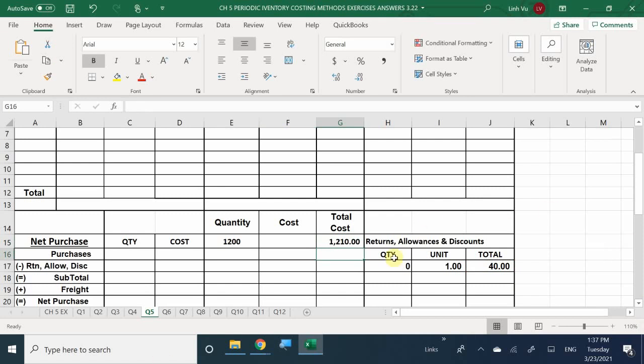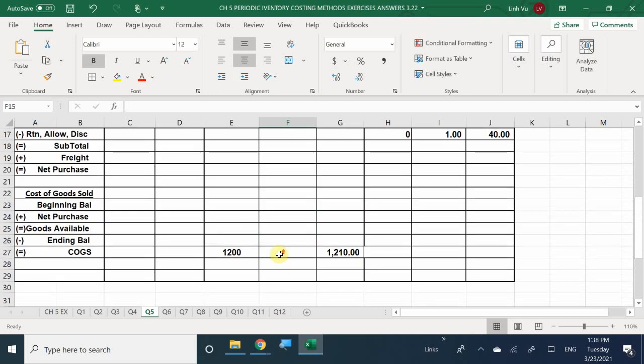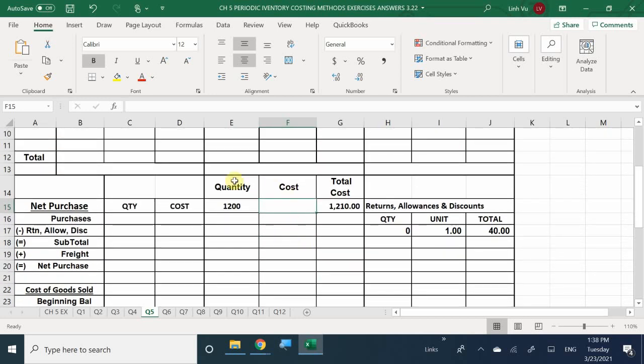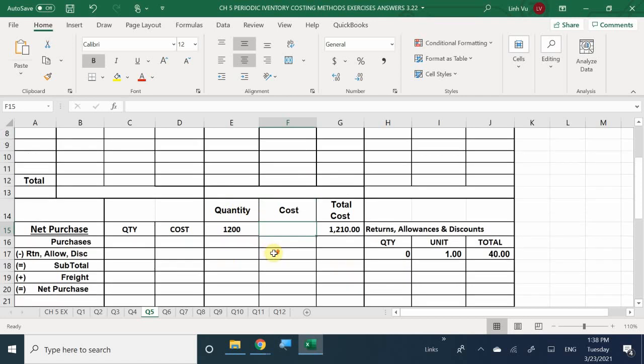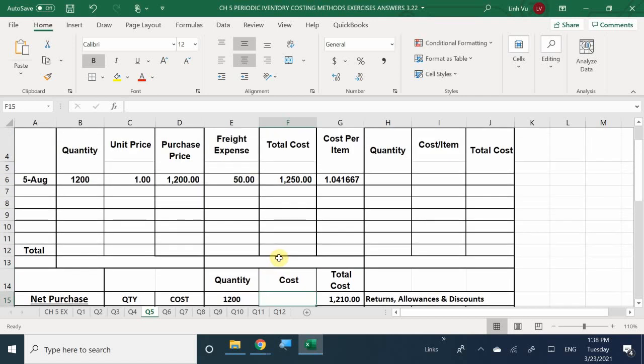So here, I'm going to go ahead and solve for my cost per item now. Since I purchased 1,200 units, but I got a 20% discount off of 200 of those items, I need to reduce my total cost by 40. So by doing it right here, I'm essentially updating my inventory right now so I know how many I have right away.